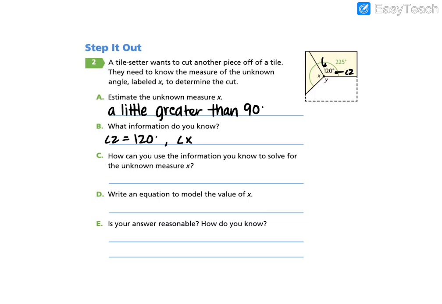And I know the angle X plus that angle Z will give me this green angle of, sorry, 225 degrees. So how can I use that information to solve for the unknown measure of X? Well, I can write my inverse operation, right, of 225 minus angle Z will give me angle X.